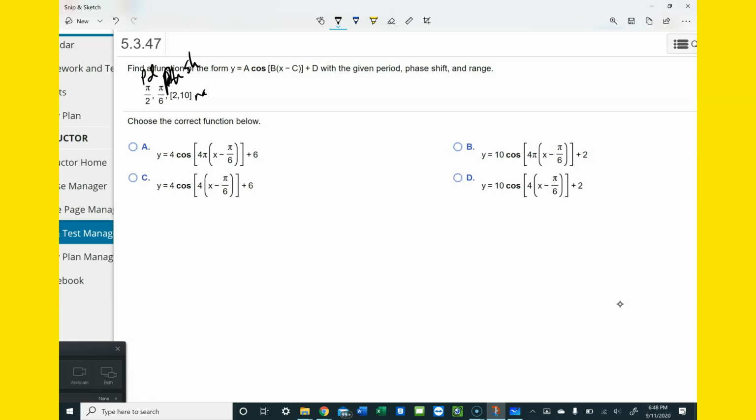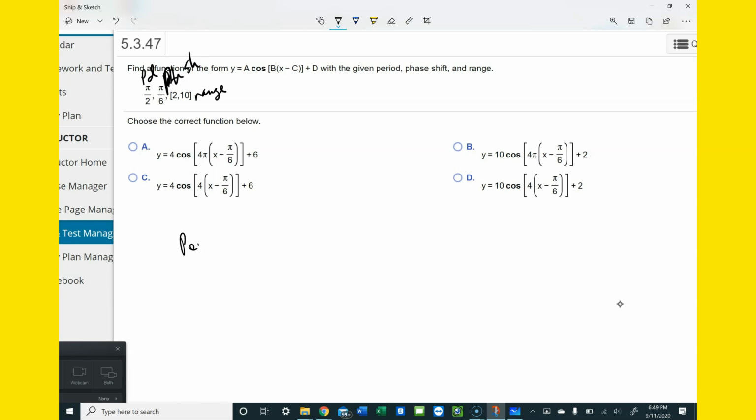And this is the range, and the range will help us to know where the center line is, and also know what the amplitude is. So let's take that one thing at a time here.